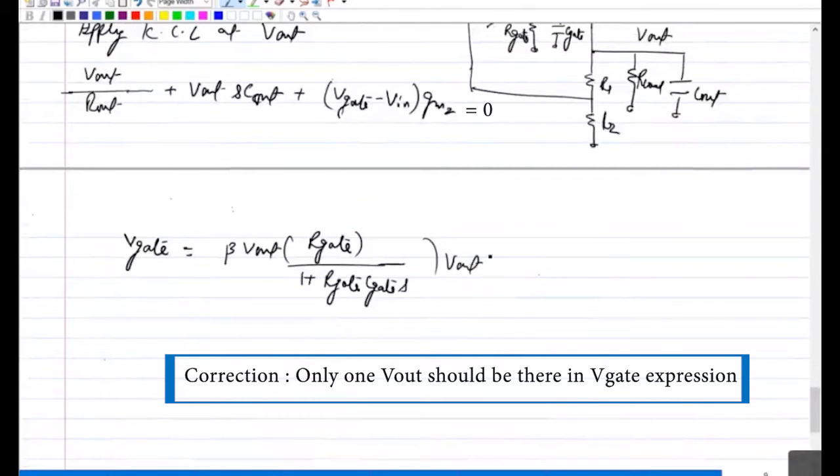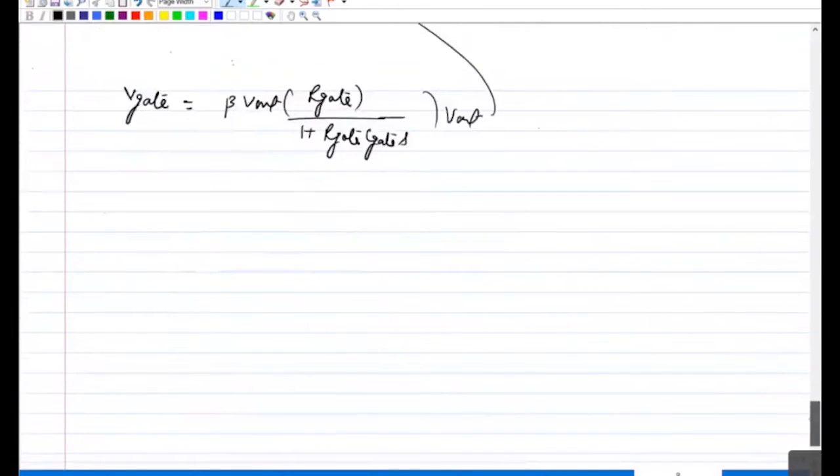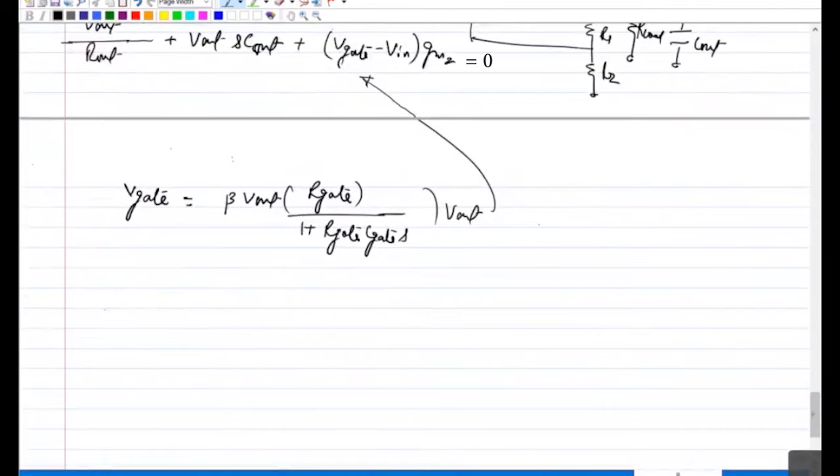So you substitute this here, and what we get is V out over R out. V out we can take common.